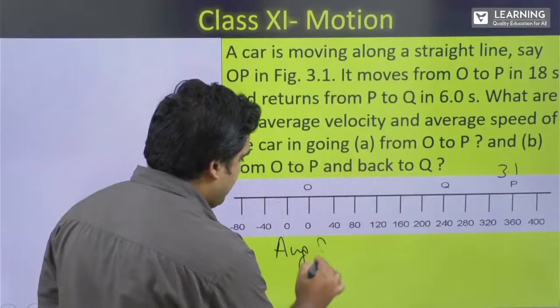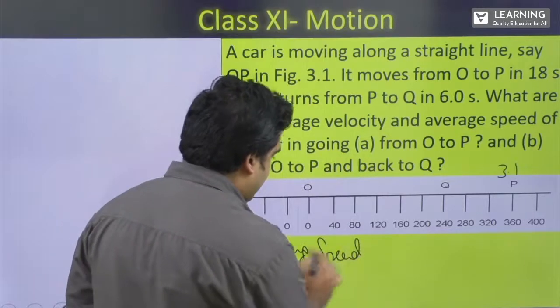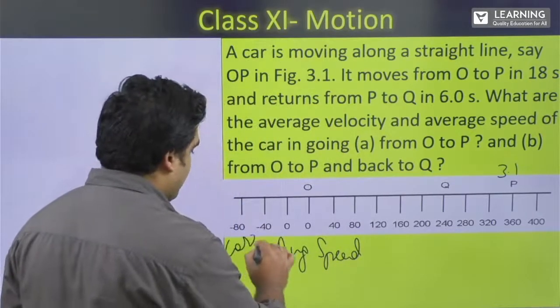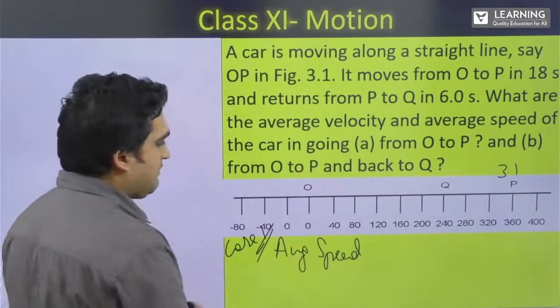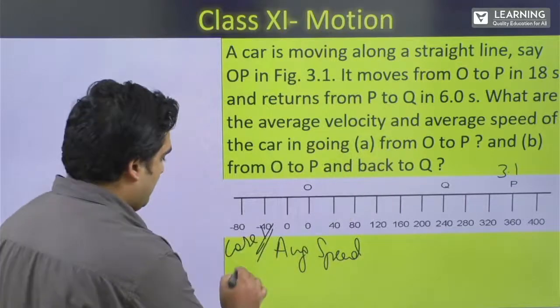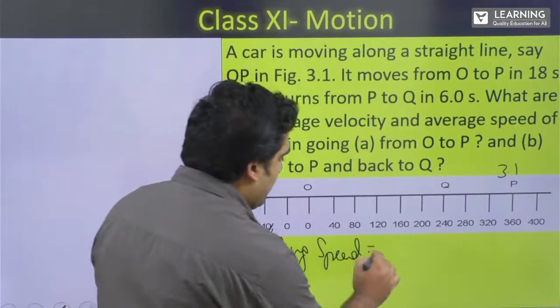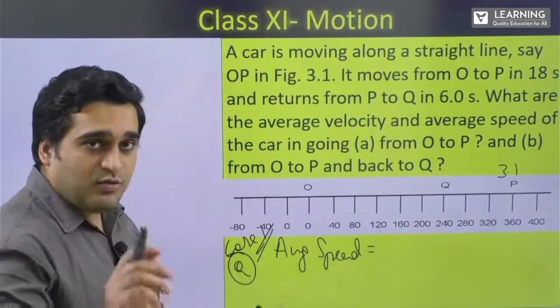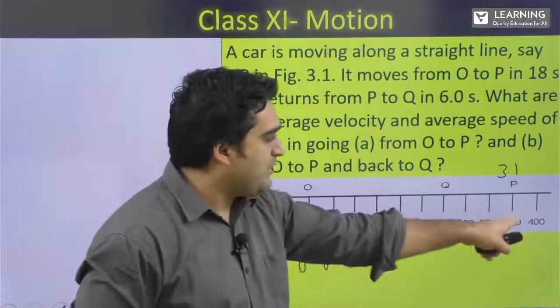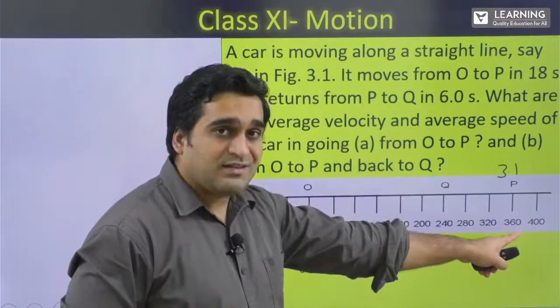Average speed, that is case 1, or the first type, which is from A. We can also put it as A part. Average speed is total distance. What is the total distance from O to P? 360.